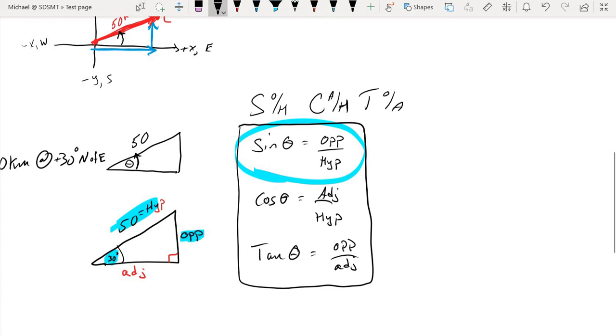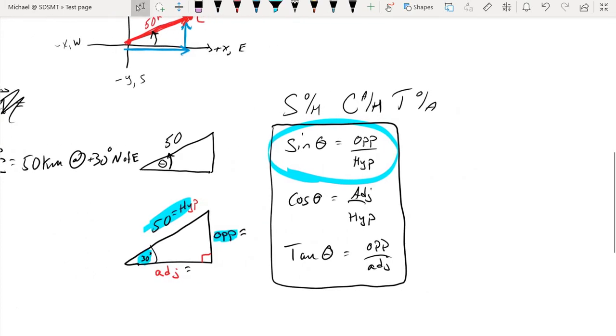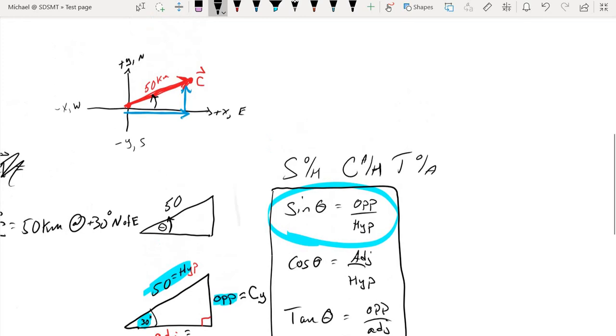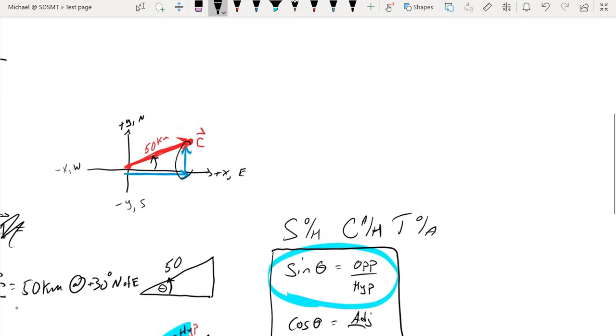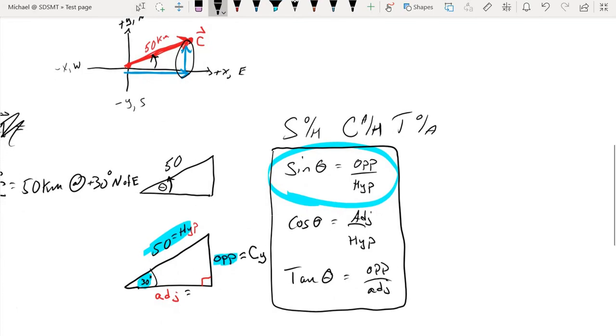Well, I'm not going to call these opposite and adjacent for very long. What were we calling our vector? Vector C. I'm going to call this the y component of vector C, because this is the part of vector C that is pointing in the y direction. Likewise, I'm going to call this the x component of vector C, because it is pointing in the x direction.